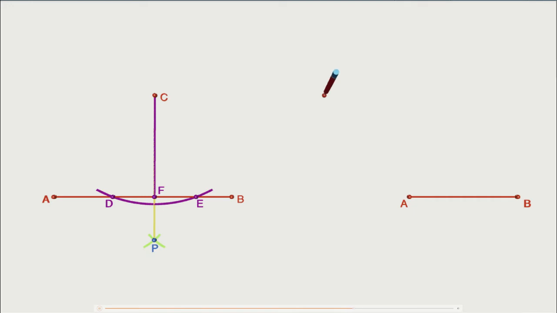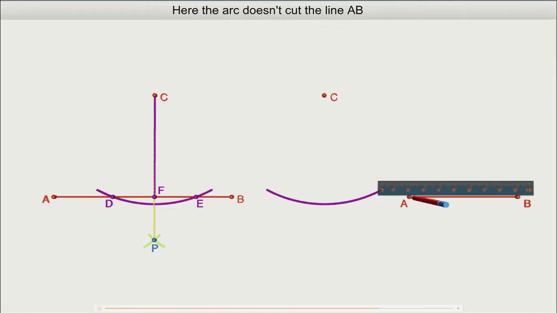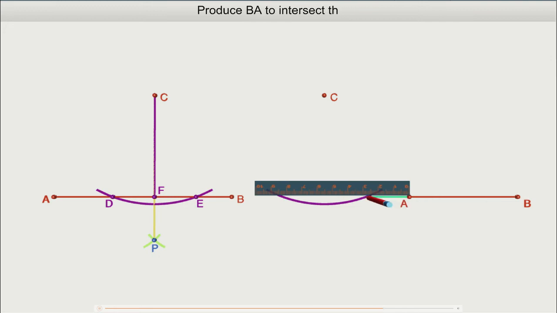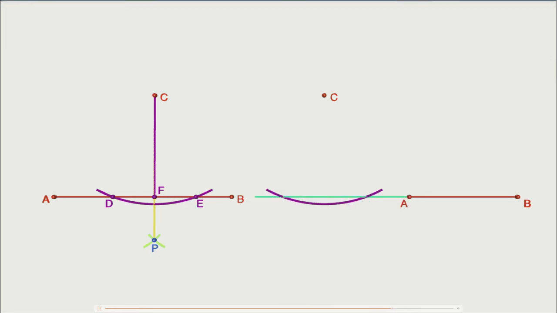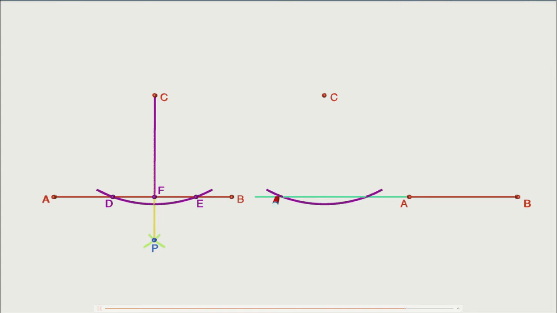Now draw an arc with center C, but the arc doesn't intersect AB at all. So, in this case, we need to produce AB in such a way that it intersects the arc at two distinct points. Now the remaining steps are as in the first construction.